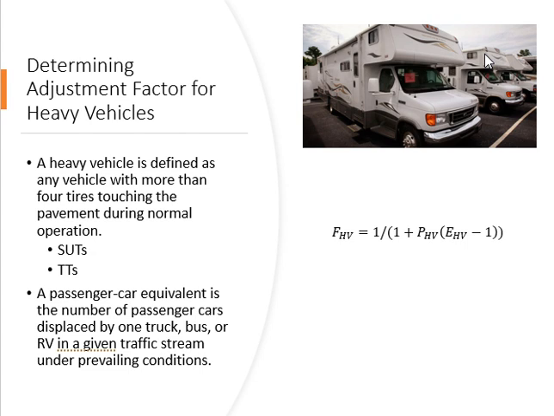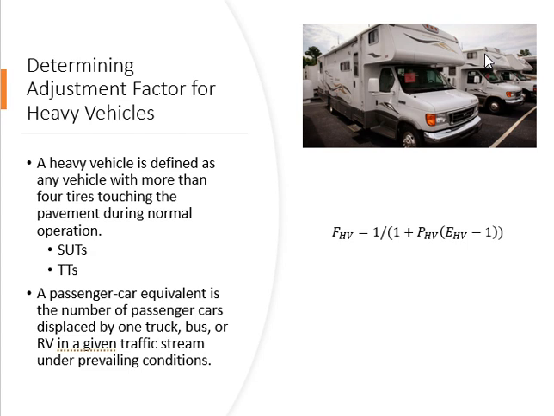The effect of 10 trucks is more than 10 cars, because trucks are slower and heavier and bigger. So one truck is equal to multiple times a car, and that is EHV. The equivalent effect of a truck compared to a car. Clear now?